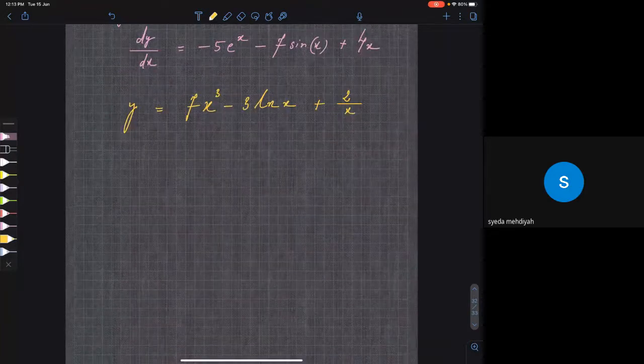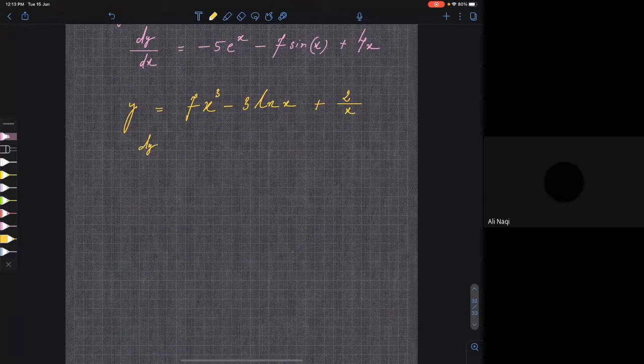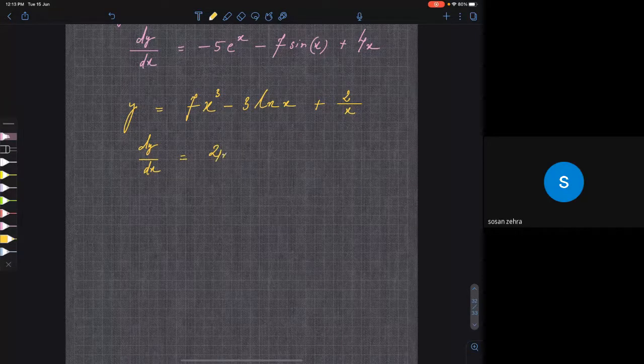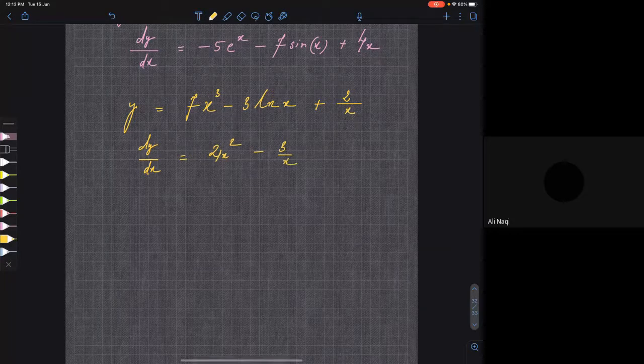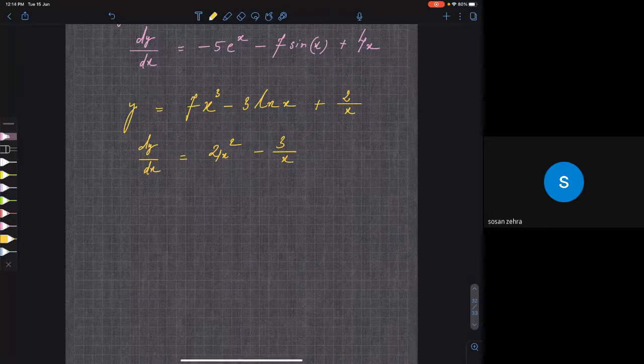Okay, now tell me. 21x square minus 3 by x plus, minus 2x to the power minus 2.